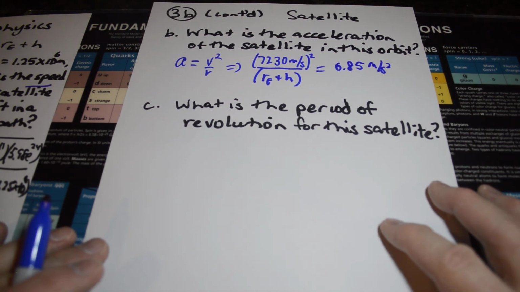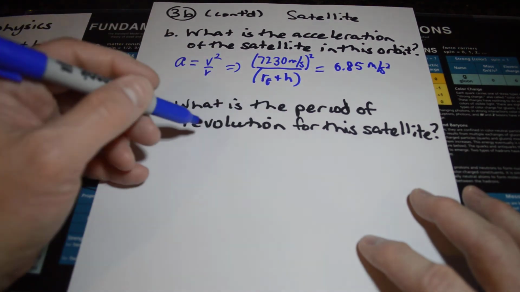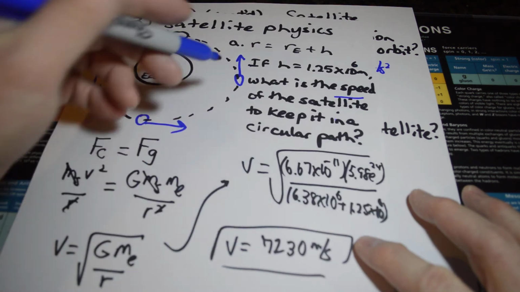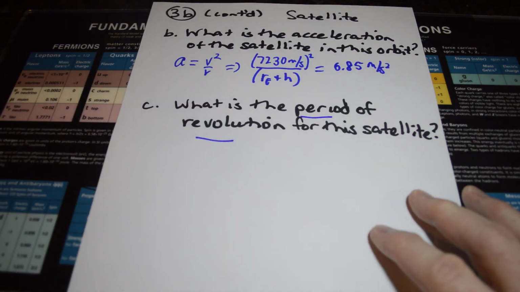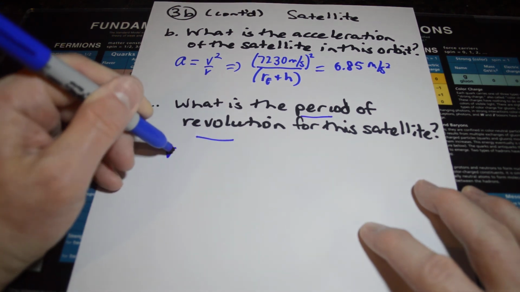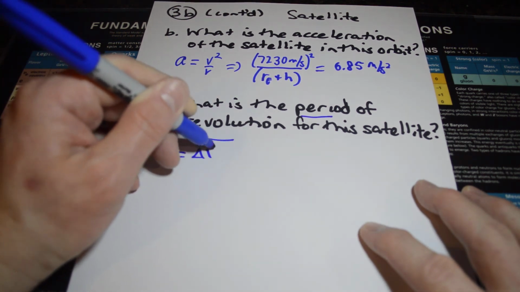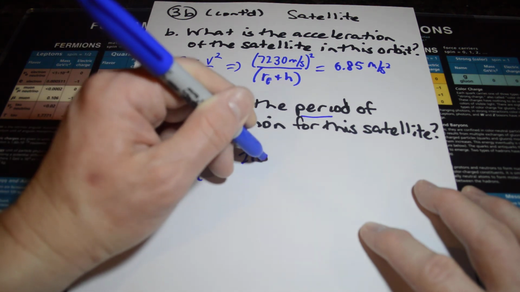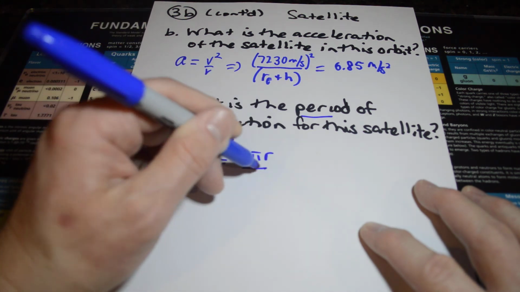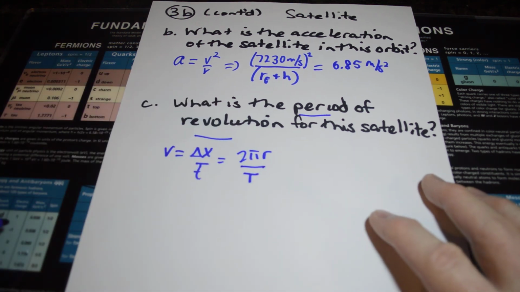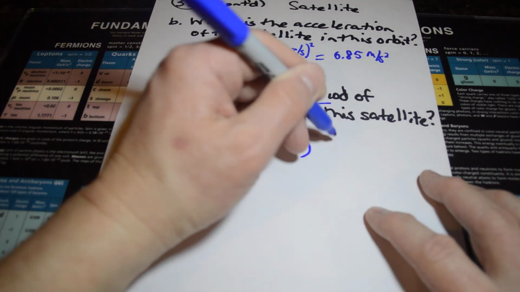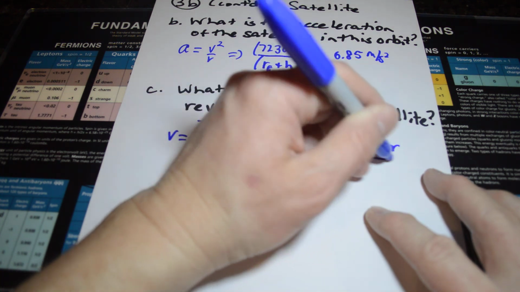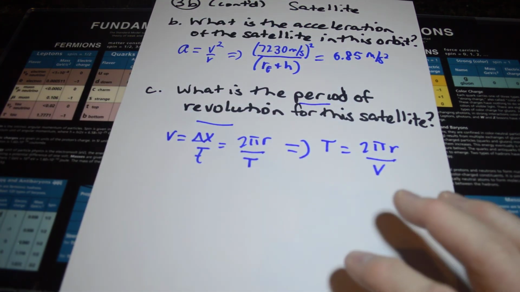Okay, the last step on this one would be to say, what is the period of revolution? How long does it take for it to go all the way around one time? Well, we know that velocity is just distance over time, but that's a specific distance, the circumference, 2 pi r, over the period, and that's what you're now looking for. So wouldn't the period be the circumference 2 pi r over the velocity?